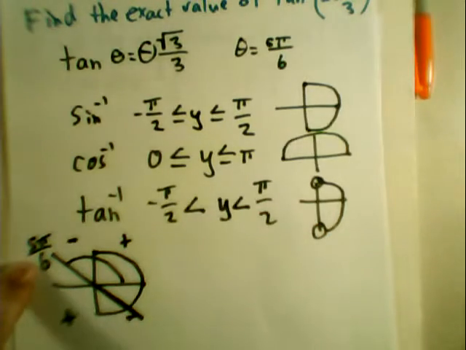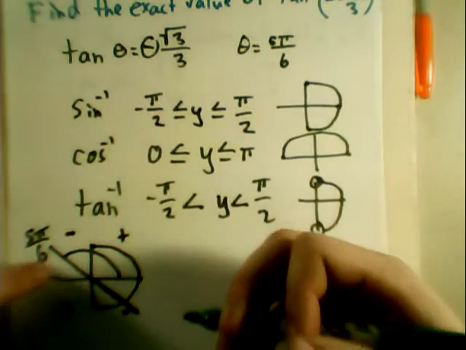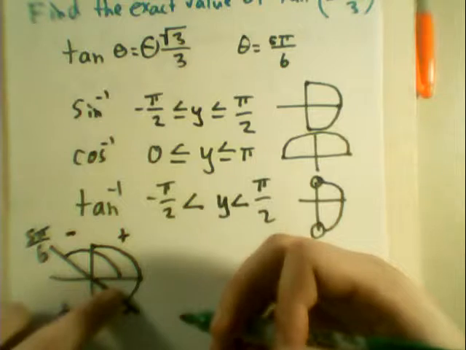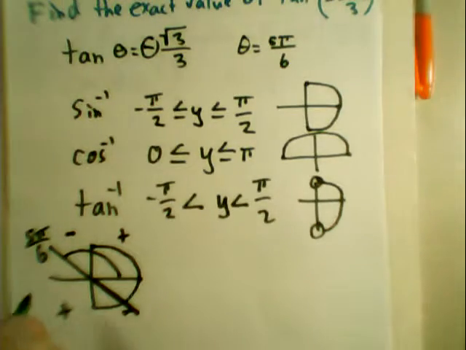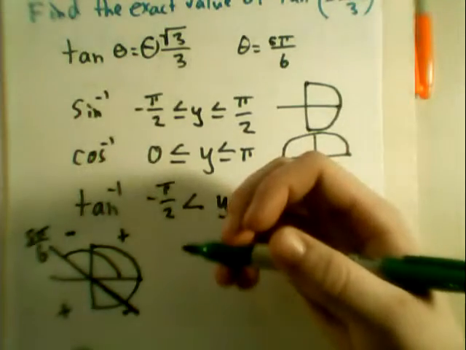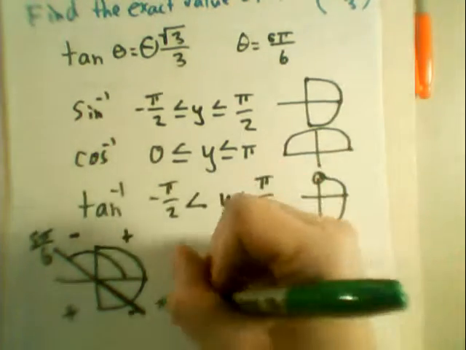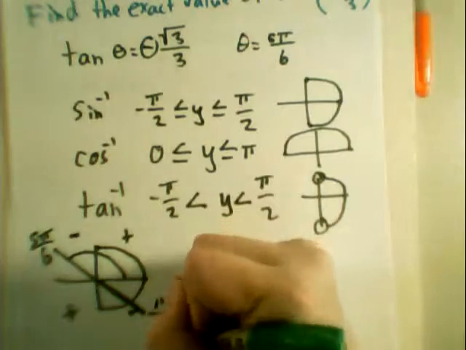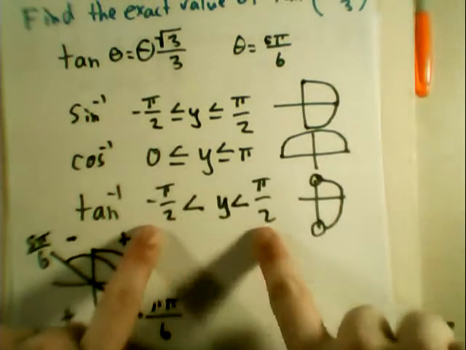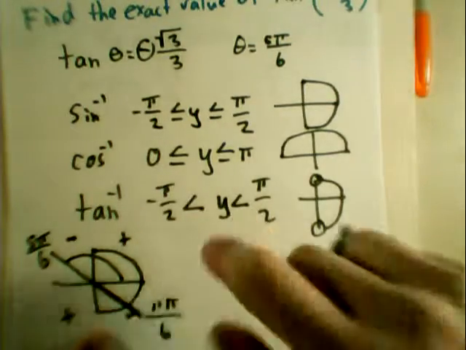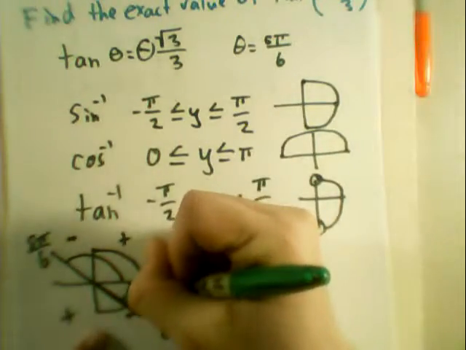So what we can do, since we know that that's rotating it 90 degrees, we're going to add 90 degrees to that, and that will become 11 pi over 6. However, that's not in our restriction. So what we need to do is find this angle, which is a negative angle.